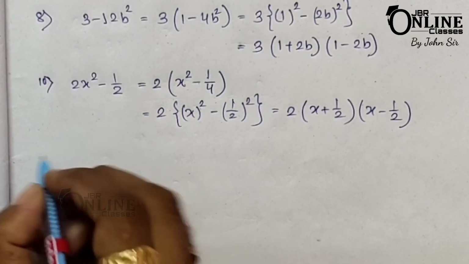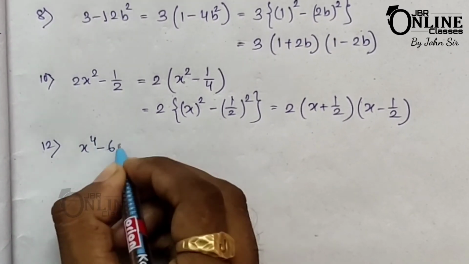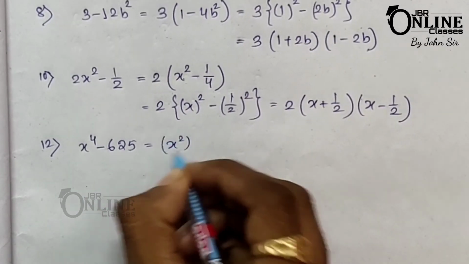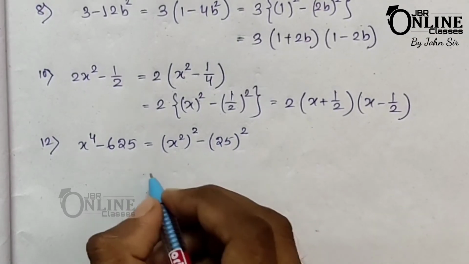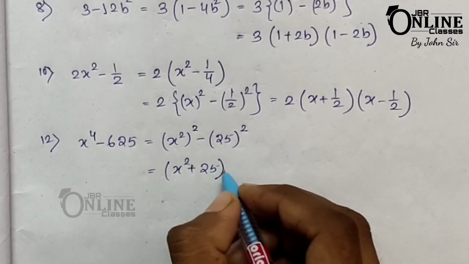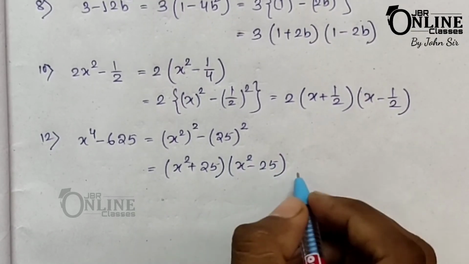Now for the next one, sum number 12. In sum number 12, x to the power 4 minus 625. Now x to the power 4 means x square whole square, and 625 means 25 whole square. So according to the formula, x square plus 25, that is the first factor, and x square minus 25 as the second factor.